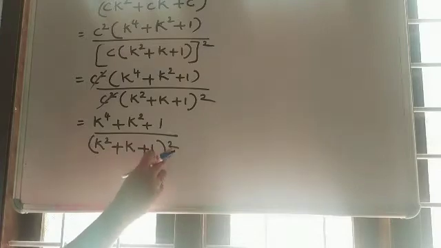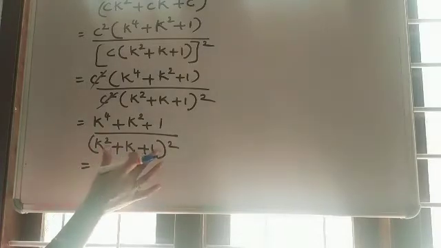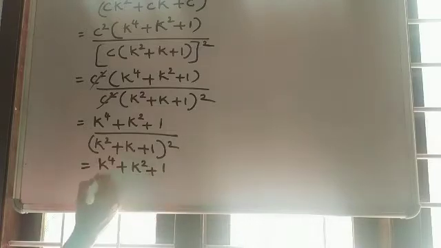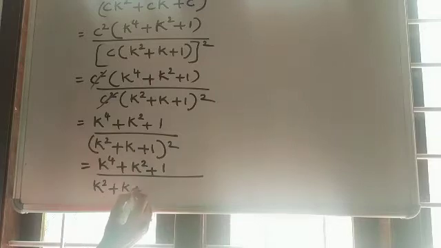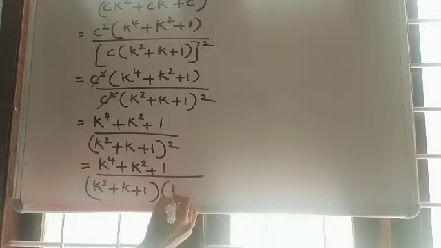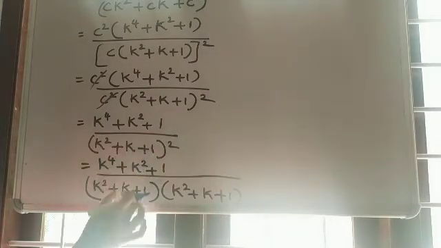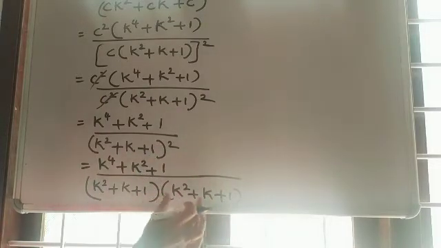So, the numerator we want to adjust. Why? Because in the denominator we have K square plus K plus 1 the whole square. That means what? This 2 times means K square plus K plus 1 into what? Again K square plus K plus 1. No, that is the meaning of that. 2 times means this one into this one.